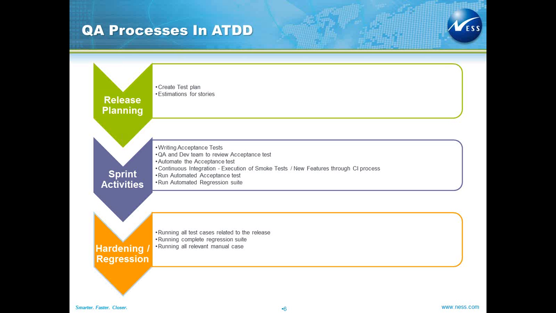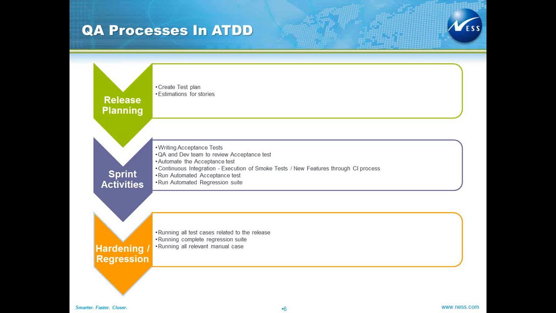So a QA will write an acceptance test at this juncture. The QA and dev team review these acceptance test cases. Similarly, the unit test cases written by the dev team are also reviewed by the QA team, so as to minimize any scenario that can be missed.